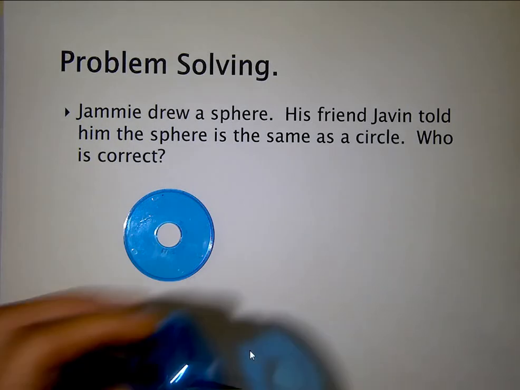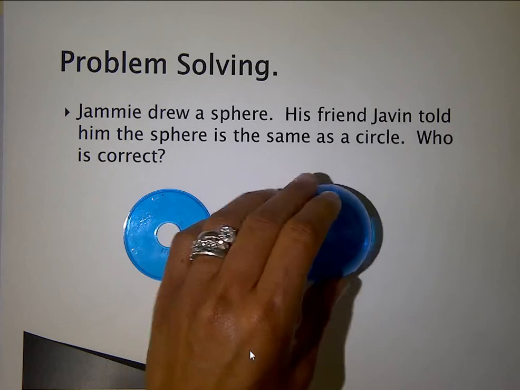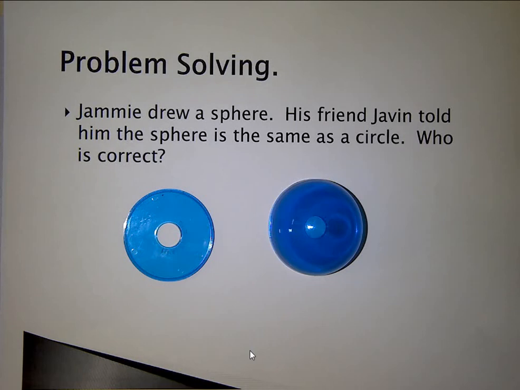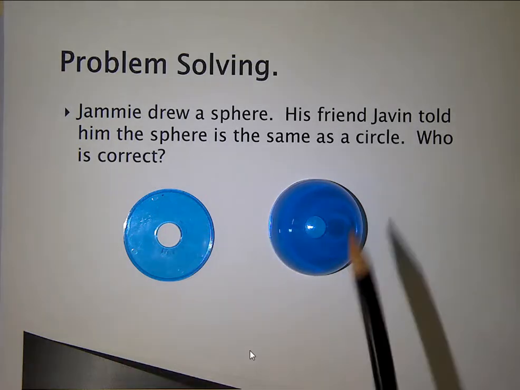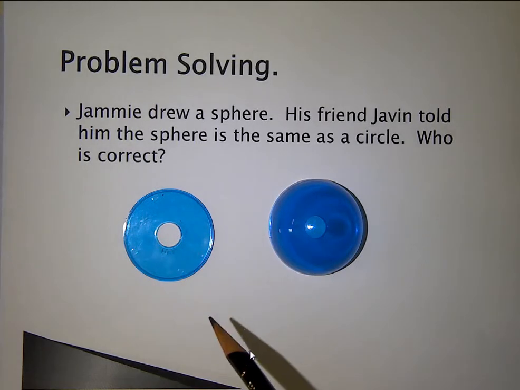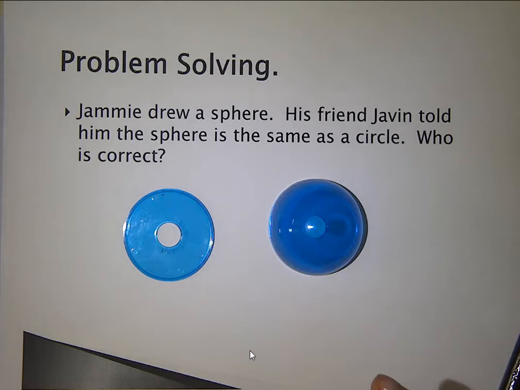And here I have the top of the sphere, so that it is not rolling around. We only have the top half. Is this figure the same as the figure on this side? Are they the same?